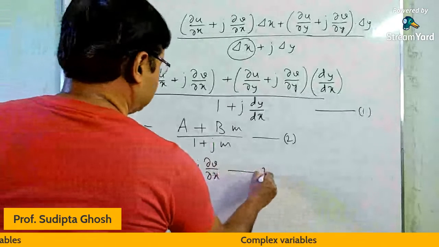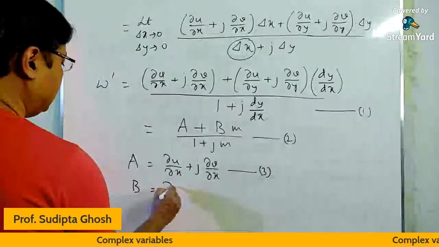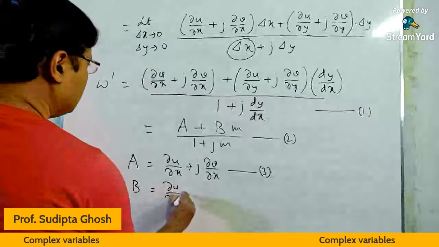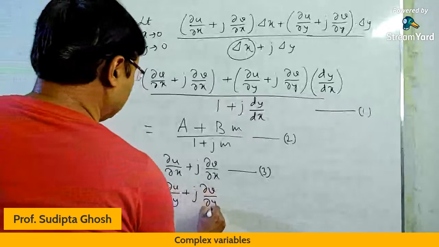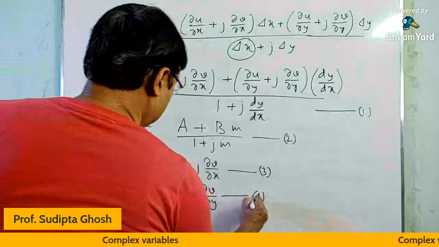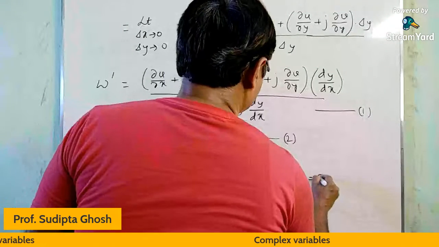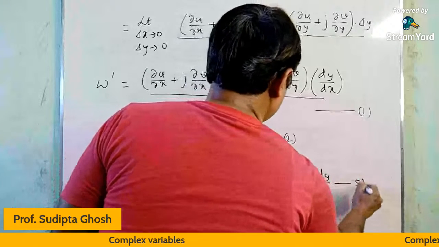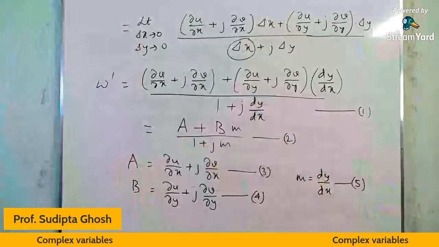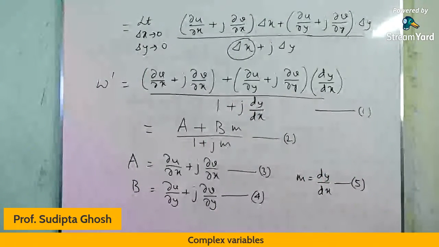Let it be equation 3. B equals del u/del y plus j del v/del y. Let it be equation 4. And m equals dy/dx, let it be equation 5. So these are the constants a, b, and m.